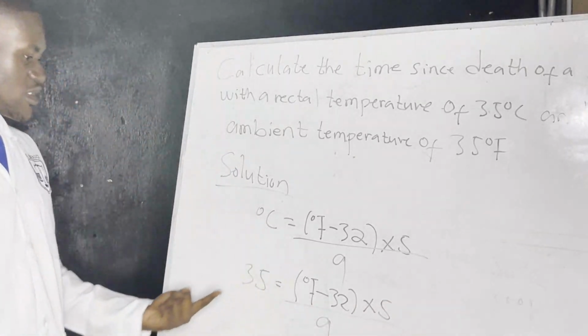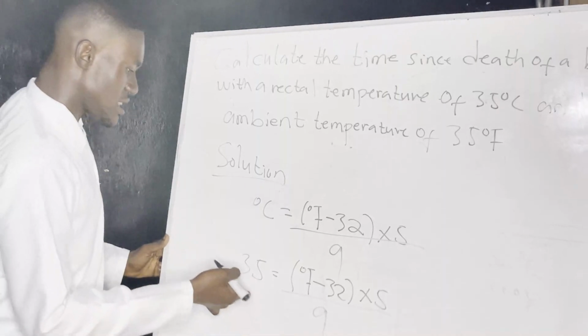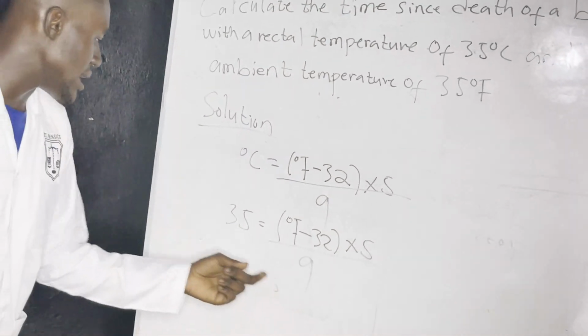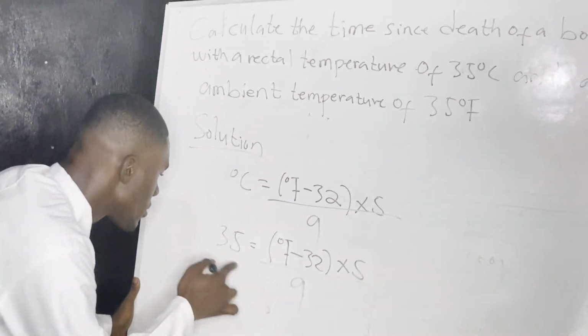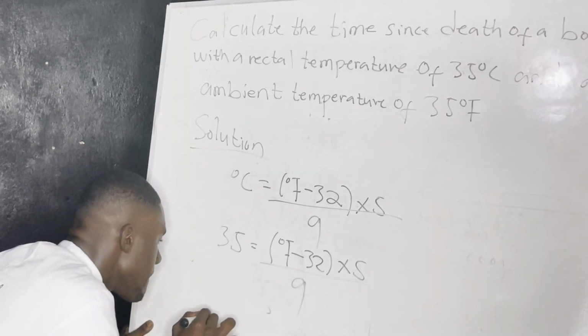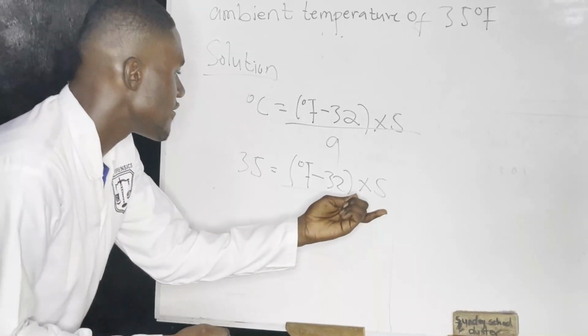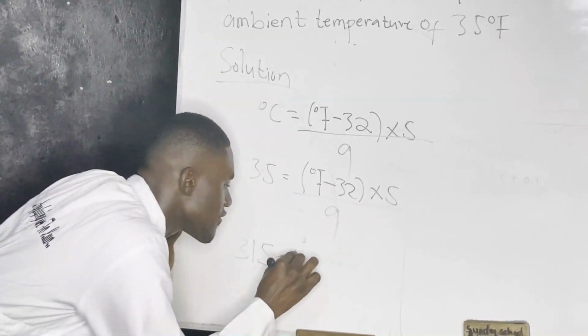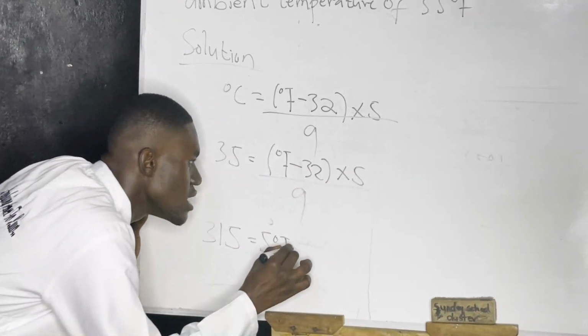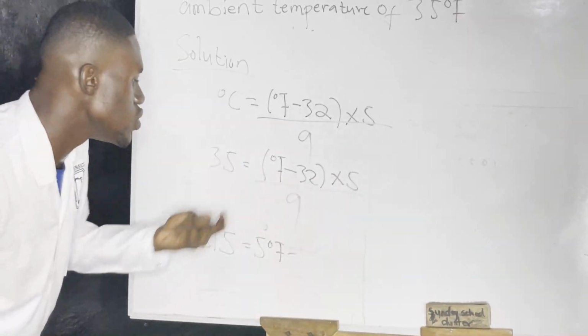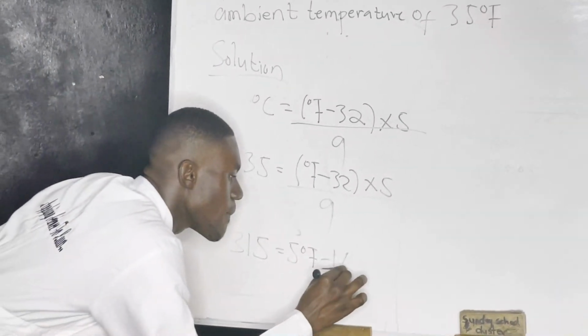So here you cross multiply. Multiply the 9 by the 35, you get 315. Then multiplying the 5 by the degrees Fahrenheit, you get 5 times degrees Fahrenheit, then minus the 5 times the 32, we get 160.